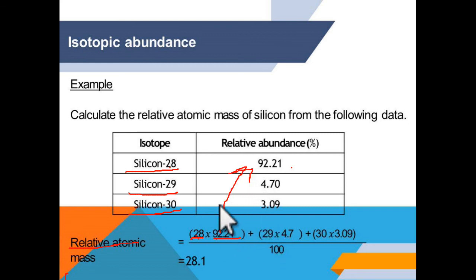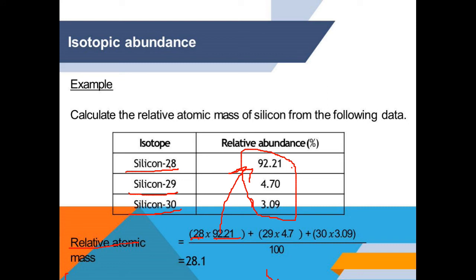And again for 29, I have 4.70. I multiply these two values and I add with 30 multiplied with its value, and finally remember, guys, when I sum all of these, it equals 100%. Then I divide this by 100 as shown over here. When you calculate this, the average mass is 28.1.